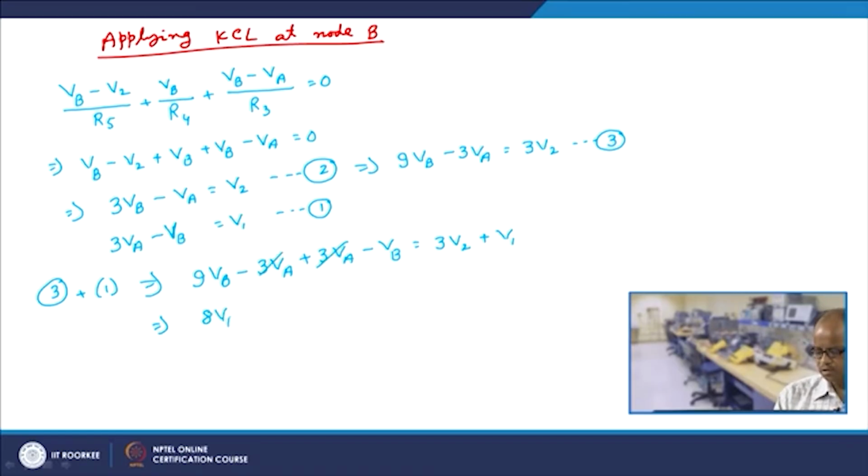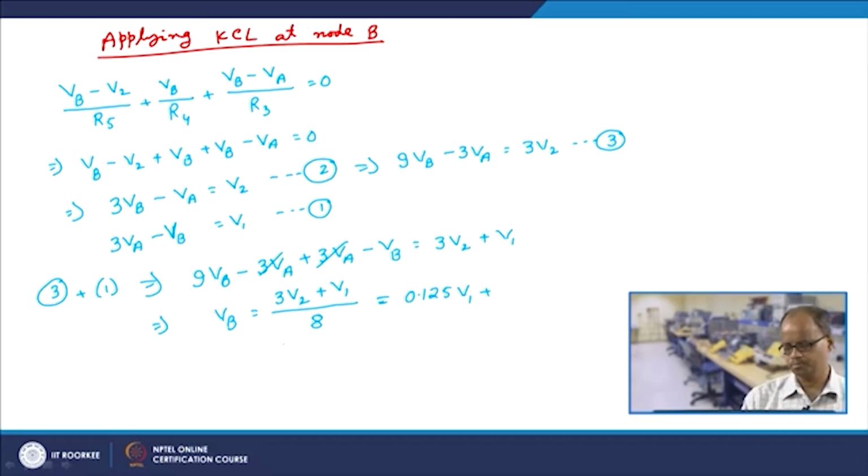So, 8 VB is equal to 3 V2 plus V1. Sorry, there is a little mistake. So, I can simply say VB is equal to (3 V2 plus V1) by 8, that is 0.125 V1 plus 0.375 V2. So, this is equation 4.